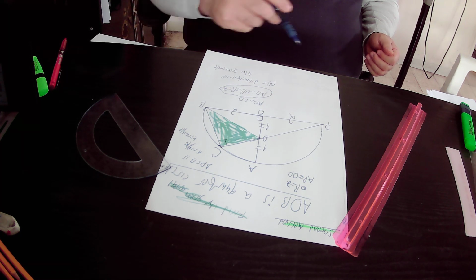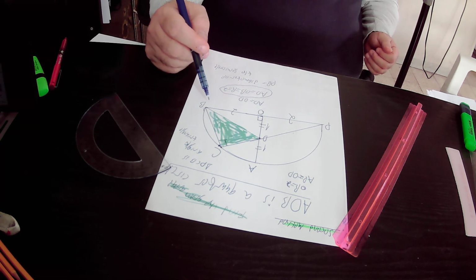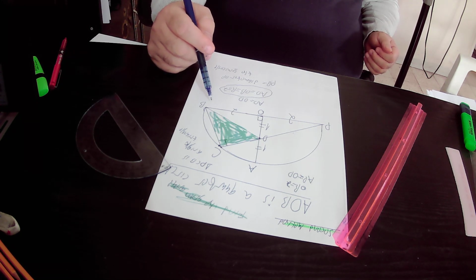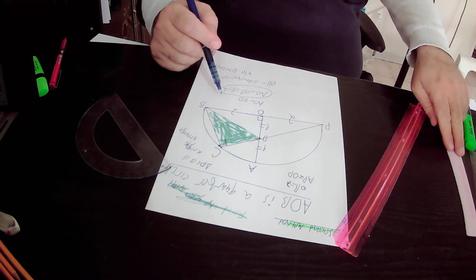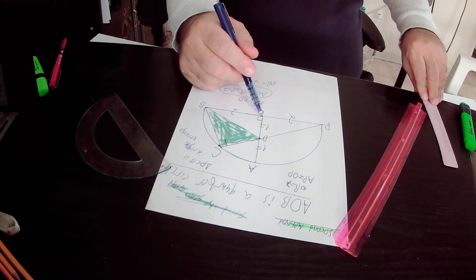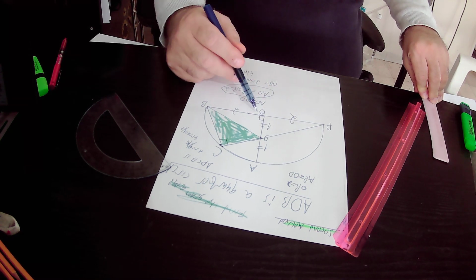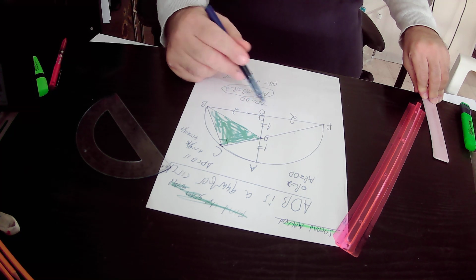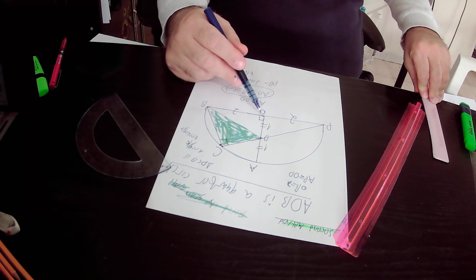So here, PB is the diameter of the circle, and therefore it is absolutely a straight line. And we know that the sum of the angles on one side of a straight line equals 180 degrees. So if we focus on the upper side of the straight line PB at point O, then the sum of the angles here must be equal to 180 degrees.